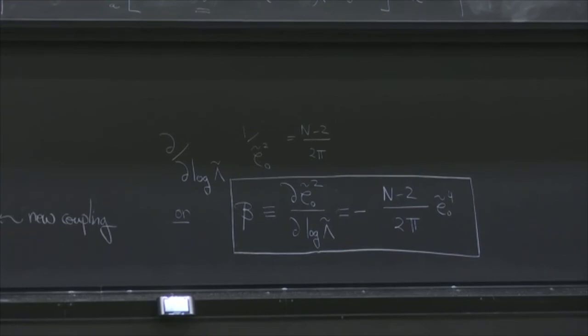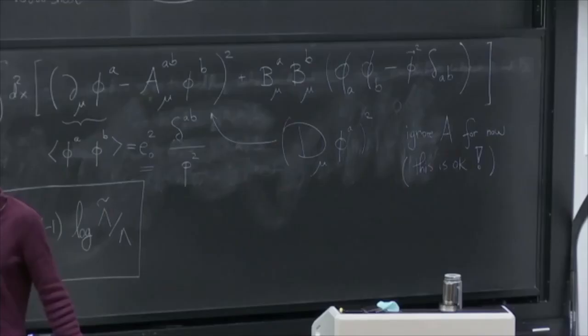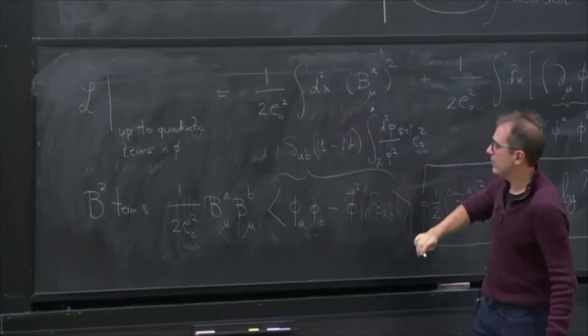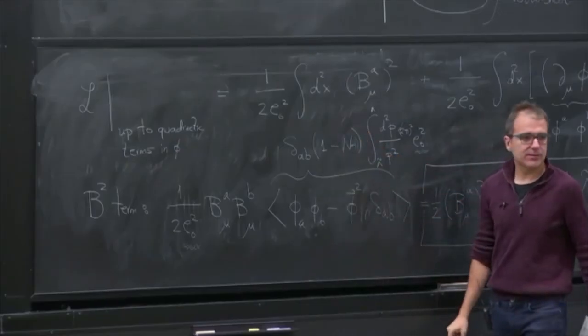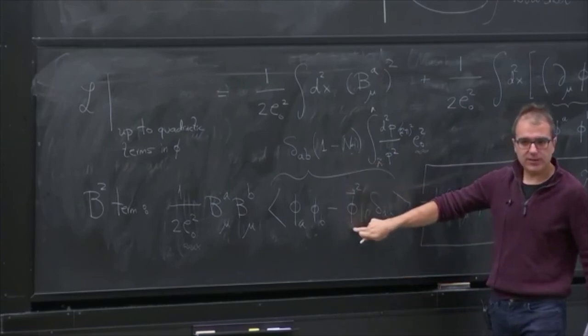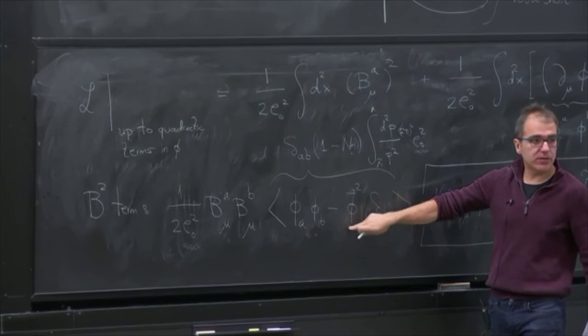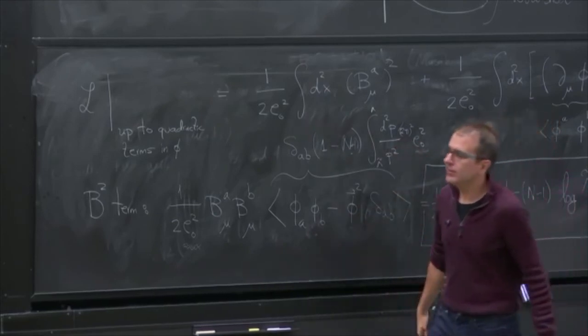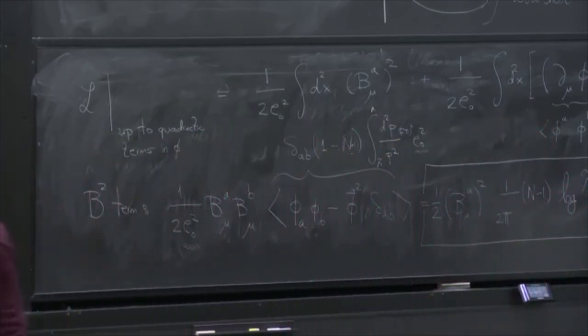How many fields phi are there? n minus 1, right? So this is not n, this is n minus 1. From this term here: phi 1, phi 1, phi 2, phi 2, phi 3, phi 3, up to n minus 1. And so it was n minus 2 here.